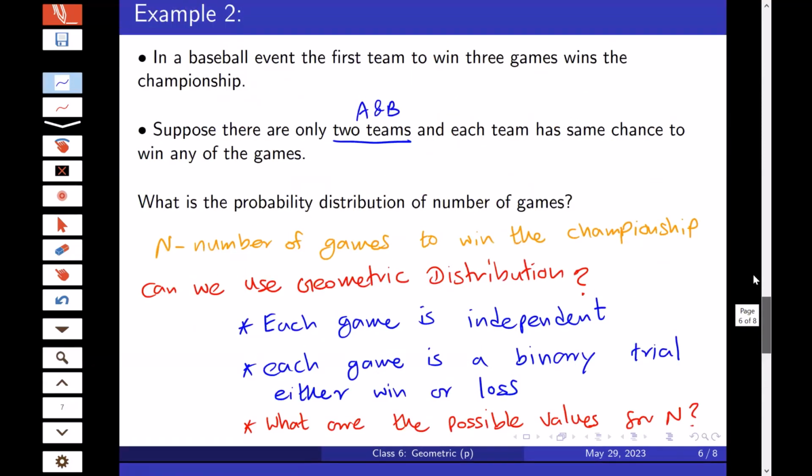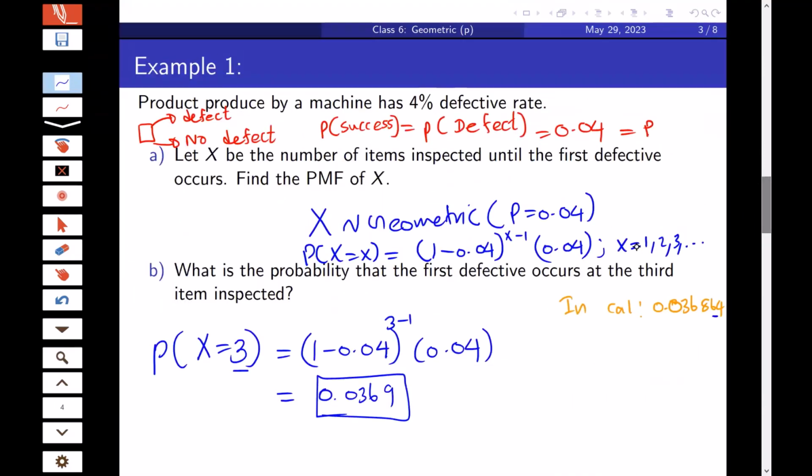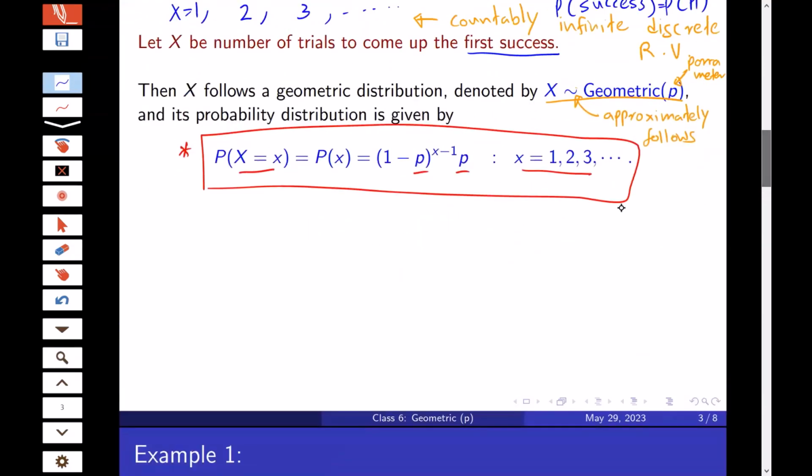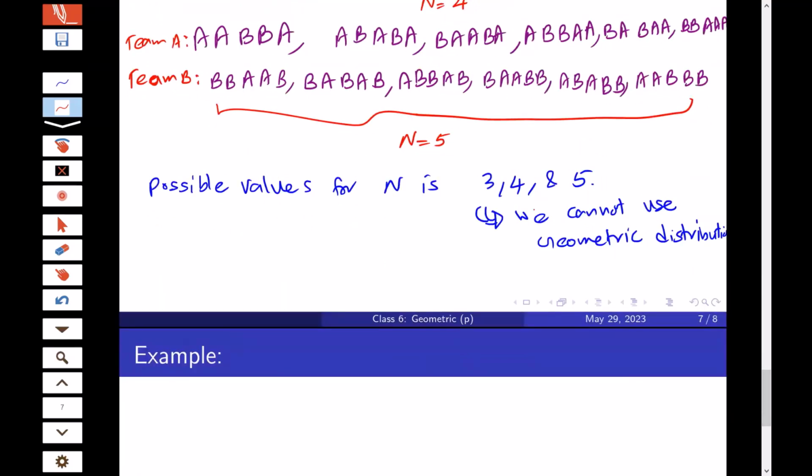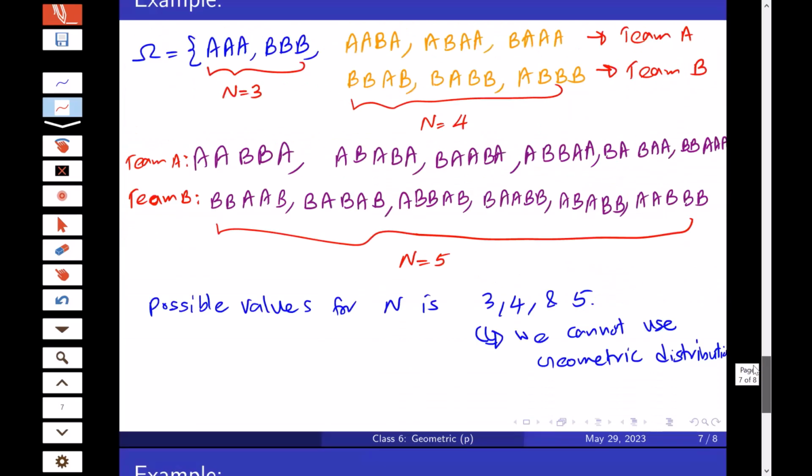Because if you want to use geometric distribution, the possible values for x must go from 1 to infinity. But here, because we defined our variable n, it can only take three values. So that's the reason we cannot use geometric distribution.